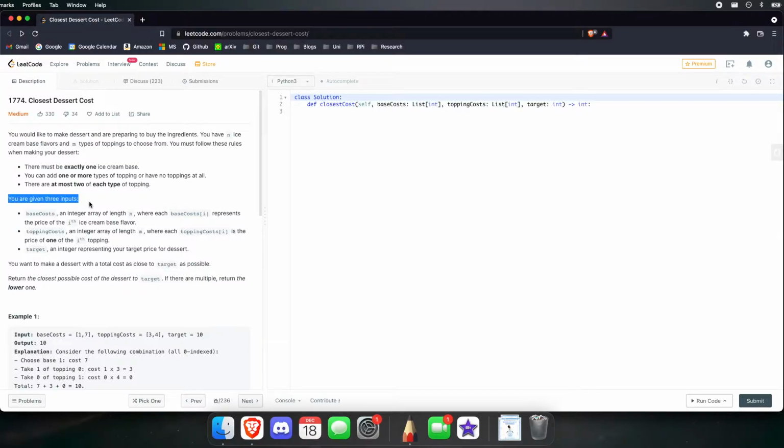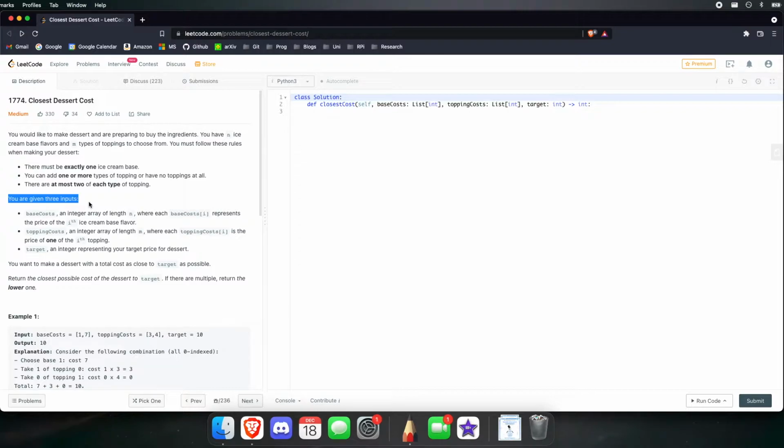You are given three inputs: base costs, an integer array of length n, where each base cost of i represents the price of the ith ice cream base flavor. So now we're given prices for these base ice cream flavors, and as you will see, we'll also be given prices for the toppings.